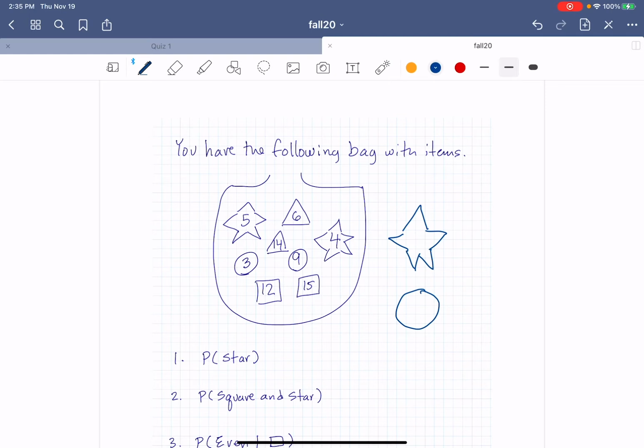The whole idea is that you can identify these items by their shape. Another thing that they also have is a number, right? Now, the star and the circle, they don't have anything in common because they're a star and a circle.